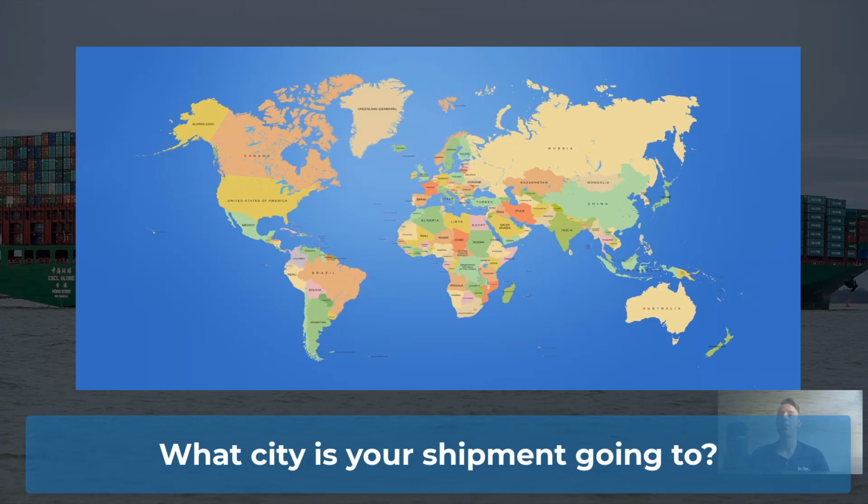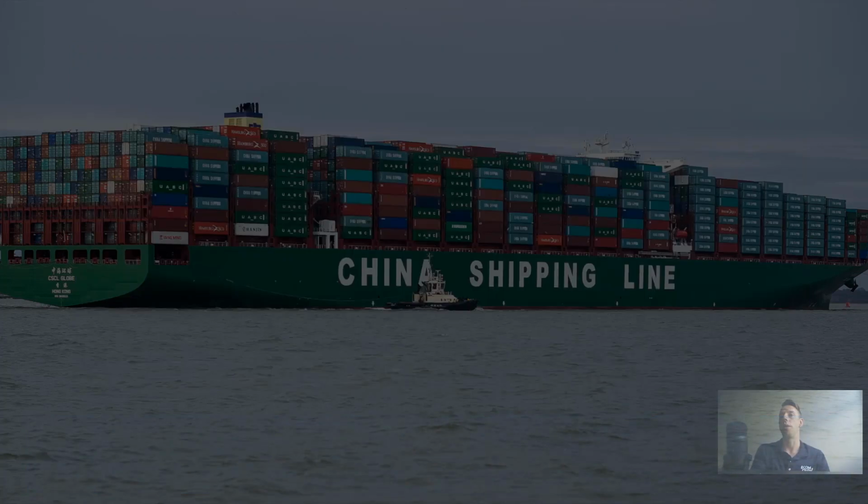You need to have an actual trucking company arrange to have your products picked up from the port and delivered to your doorstep, or again, it doesn't matter if it's an FBA warehouse or a 3PL. But the point is, you need somebody to pick up those products from the port and deliver them to your ultimate end location.